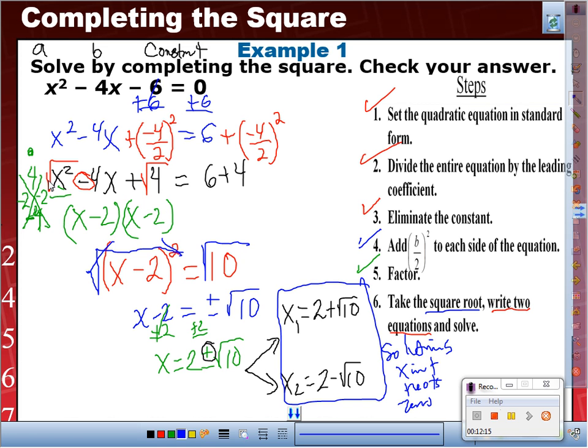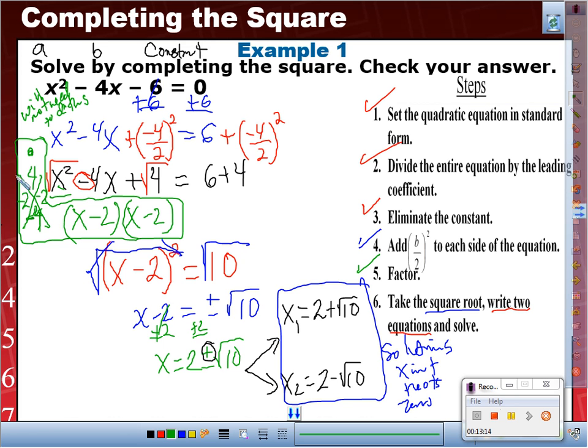From there, factor. Now, box this part right here, and if you want to make a note for yourself, say will not need to do this.